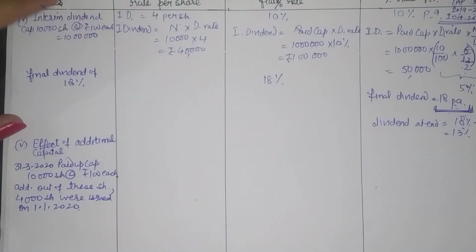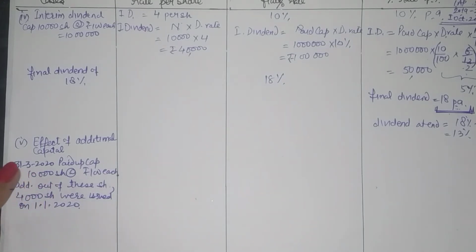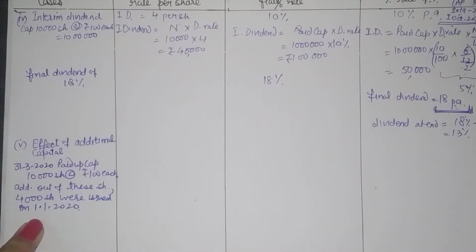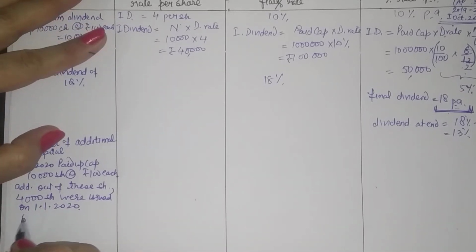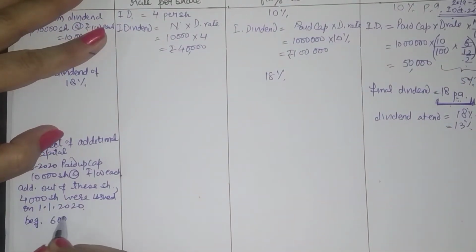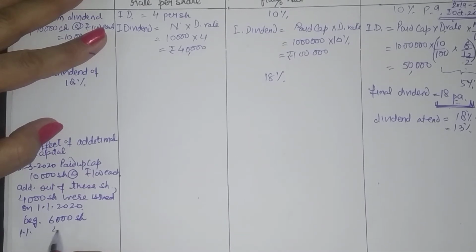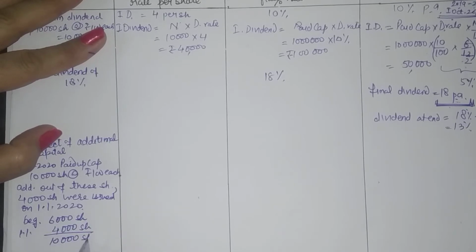So what it implies is, this is the closing capital. You have 10,000 shares at the end of the year, but during that year at some point of time 4,000 shares were issued. It means in the beginning of the year you had 6,000 shares, then during the year on 1st January you issued 4,000 shares, giving you a total of 10,000 shares.